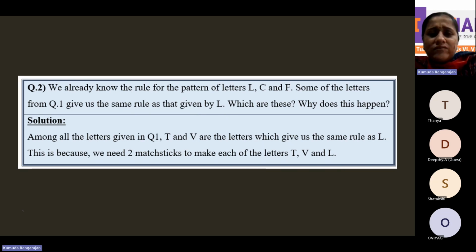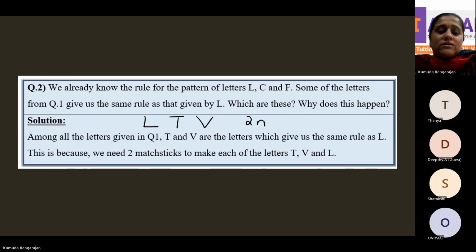You can write it in your own language. The question is why is it that the letter L, the letter T, and the letter V have the same rule 2N? Why not 3N? Why not 4N, 5N?